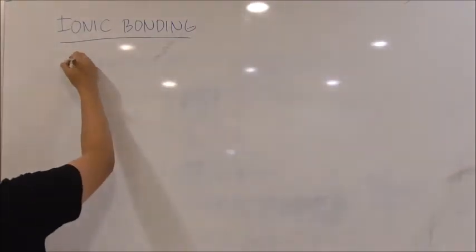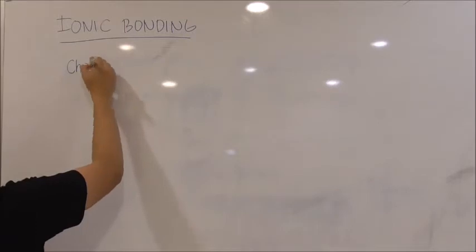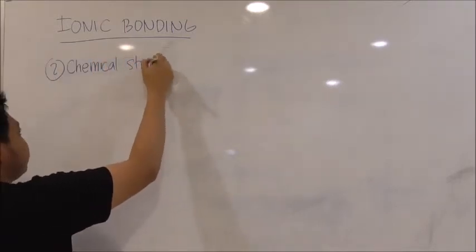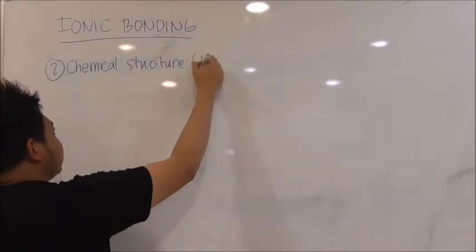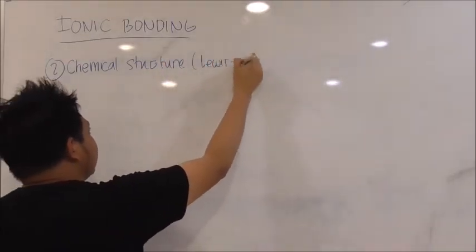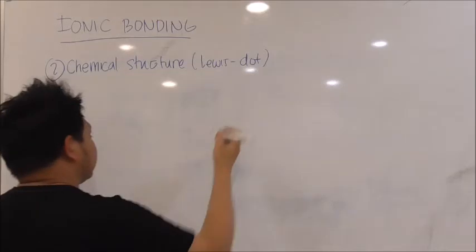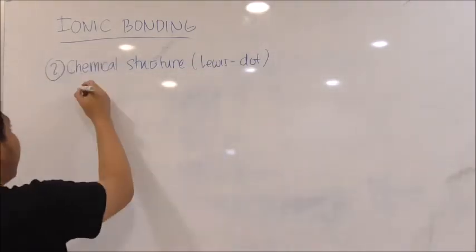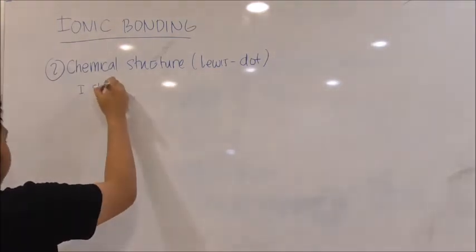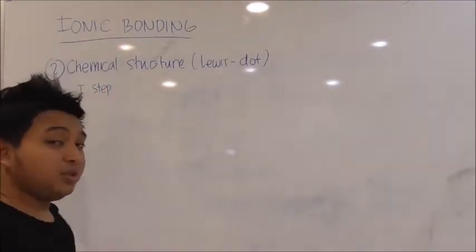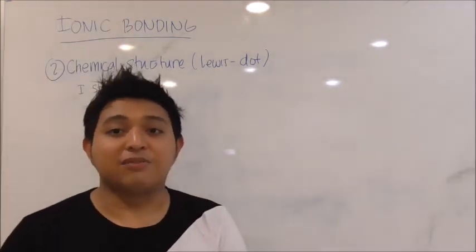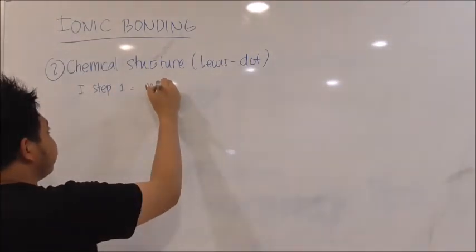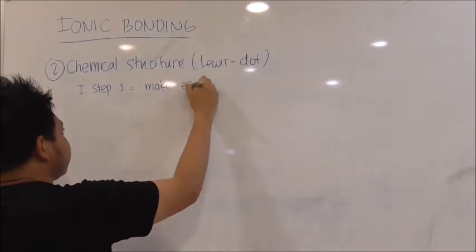So right now is the chemical structure. The first step that you have to do is make the electron configuration, of course.